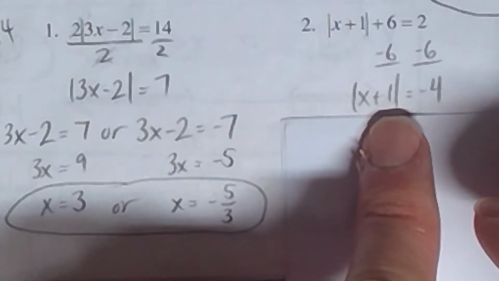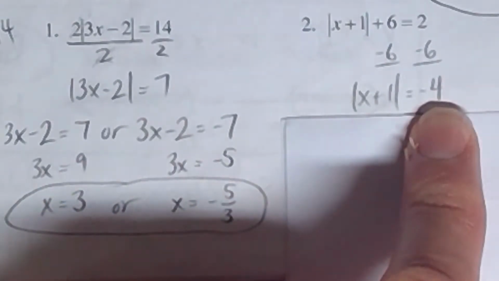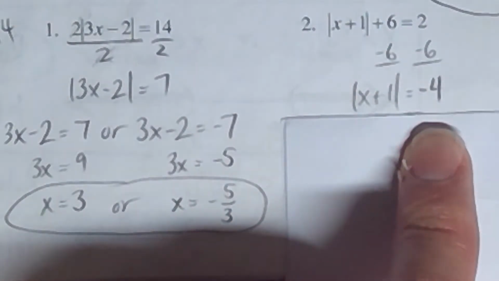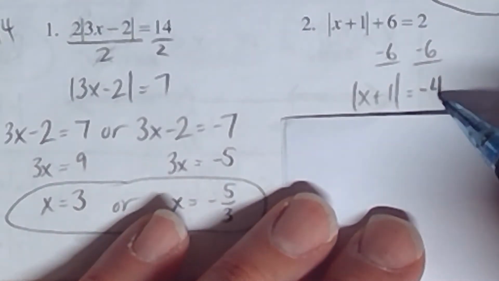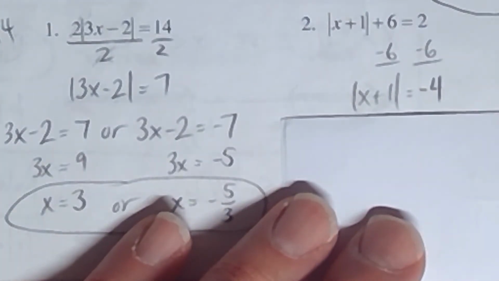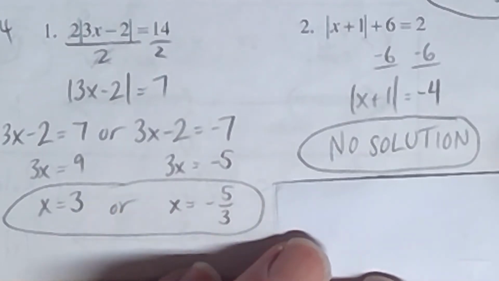But the problem, similar to problem E, is the fact that the other side is not a positive number, it's a negative number. And so don't try to do rule number 1 when the number on the other side of the bars is negative. Instead, we're going to say no solution.